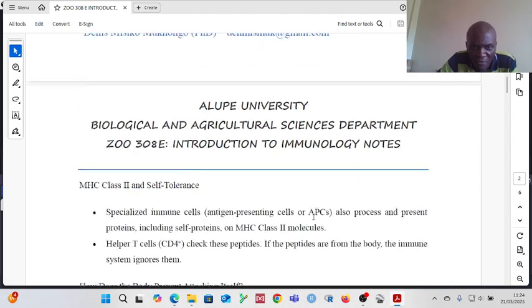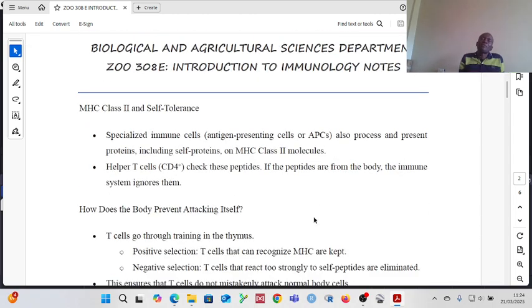So let's move and see what happens to the MHC class 2. So MHC class 2 works with a specialized group of immune cells, what we call the antigen presenting cells. So the antigen presenting cells, just like these other cells, they also process and present proteins. Okay. So if proteins are part of self or not, they will also present them, but the antigen presenting cells work with the MHC class 2.